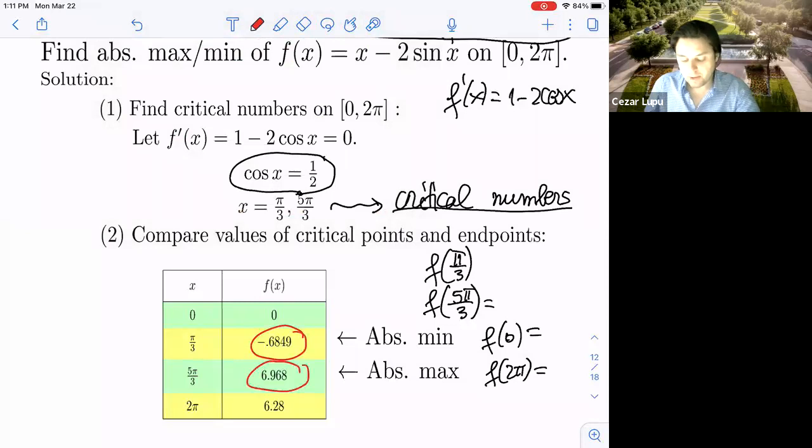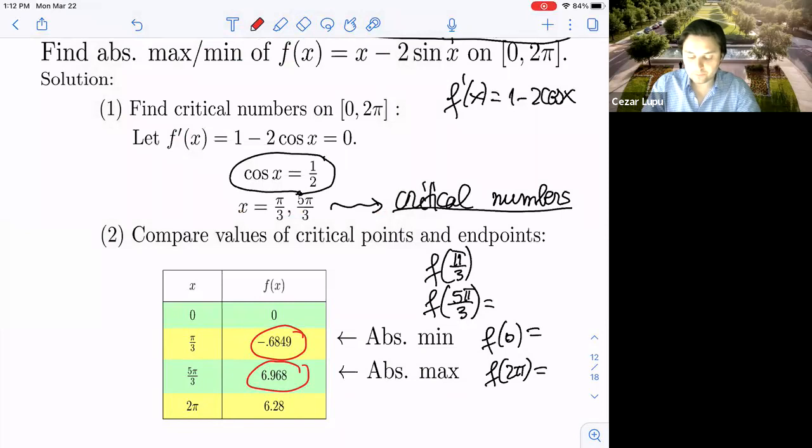If you look, the smallest is this one here, and the largest is this one here. So the absolute min will be negative 0.6849, and the absolute maximum will be 6.968.